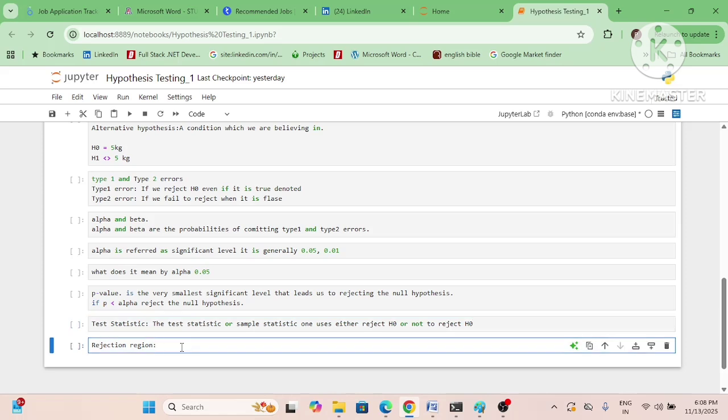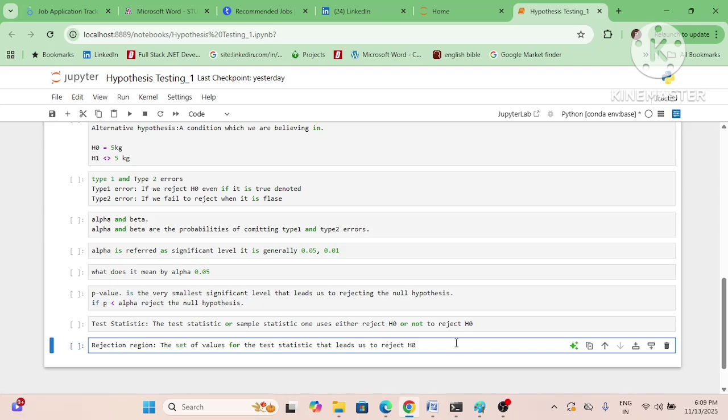Now we will see what is rejection region. The rejection region is the set of values for the test statistic that leads us to reject the null hypothesis.